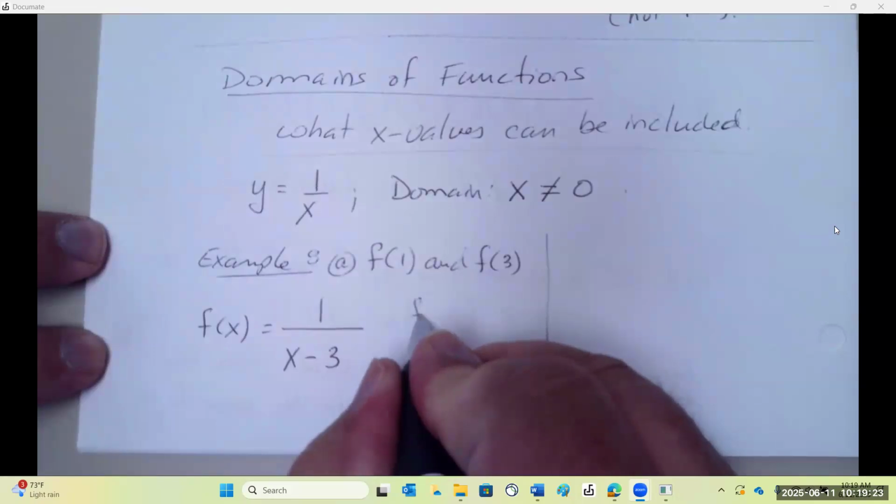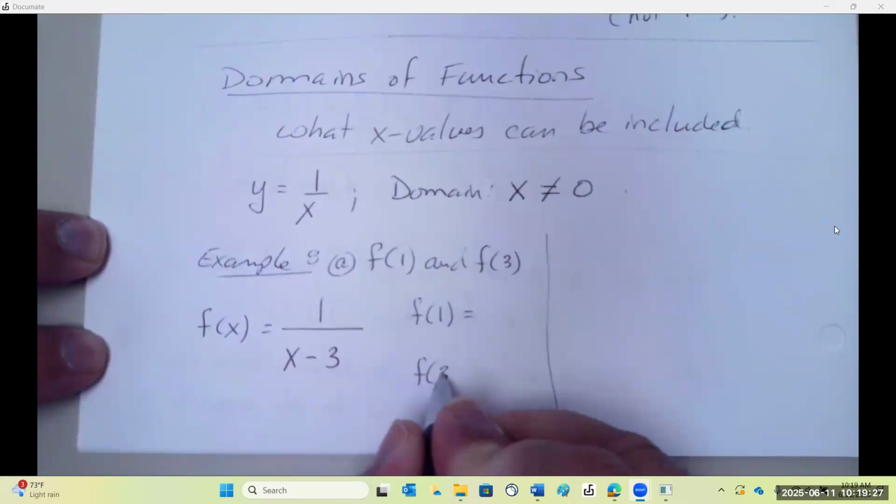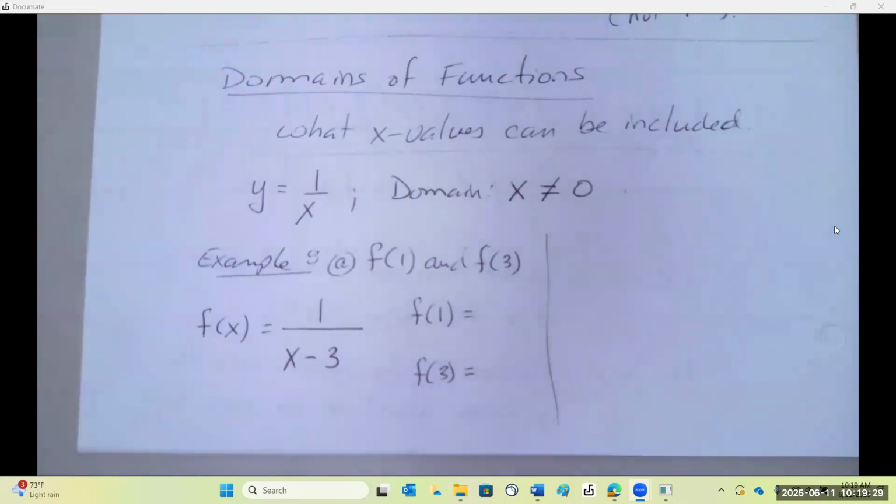What would F of 1 give me? And then what would F of 3 give me?